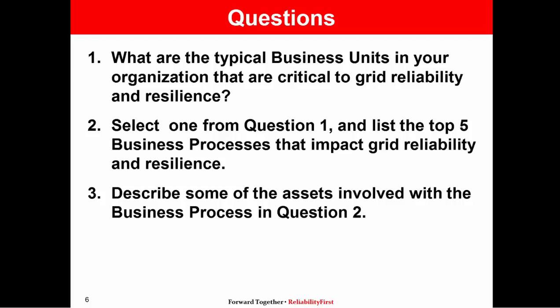So we're back. We're going to answer the questions, and I'll let Ellen go through question 1 and have her answer that one. All right, thanks, David. So the first question, what are the typical business units in your organization that are critical to grid reliability and resilience?